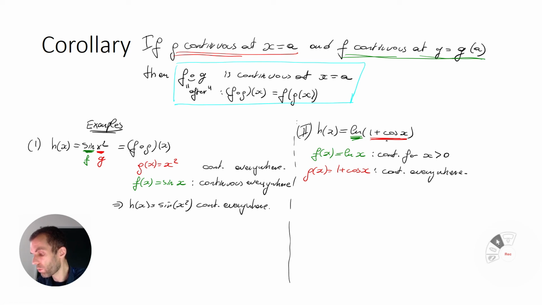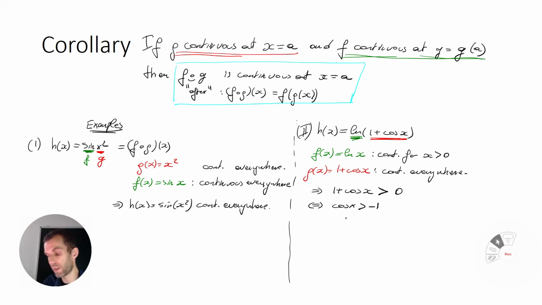So in order to compose these two functions, we know that the function is going to be continuous whenever this is positive. So now we have to look for 1 plus cosine x being strictly greater than 0, or in other words, cosine x greater than minus 1.